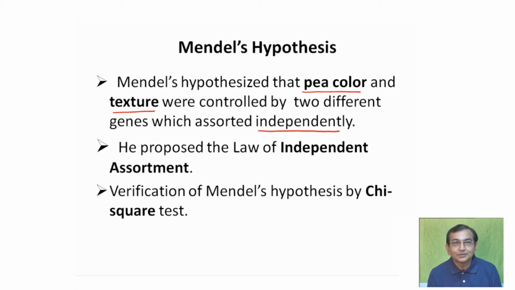He proposed the law of independent assortment, that is Mendel's second law. So by the Chi-Square method, we can verify Mendel's law of independent assortment.